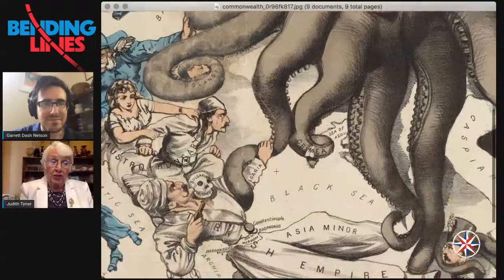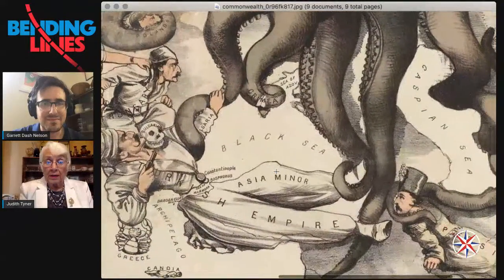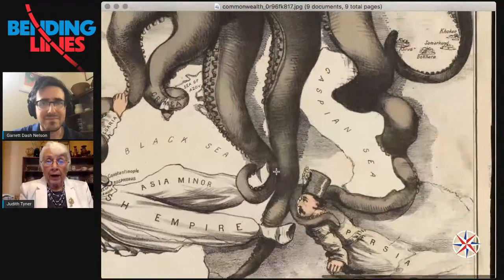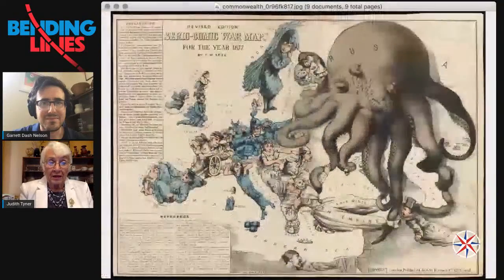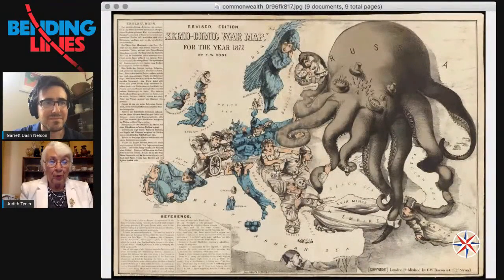That term, suggestive symbol, was coined by a Nazi cartographer who made these kinds of maps. A suggestive symbol suggests something that might happen in many ways. In this one, even though the map was made in 1877, it became a very popular, recurring symbol.